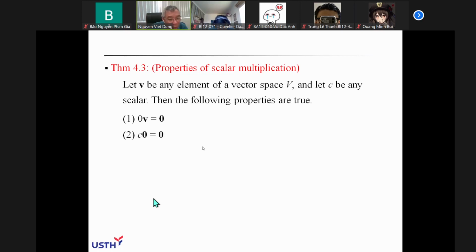If you take any number C multiplied by the zero vector, you get nothing but the zero vector. And if C multiplied by V equals the zero vector, then C equals the number 0 or V must be the zero vector. You don't have any other choice.